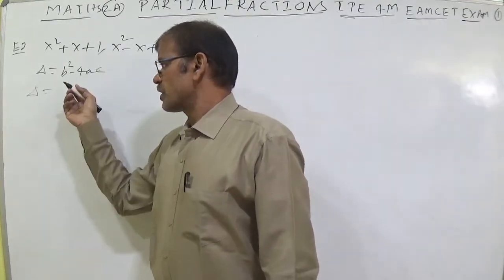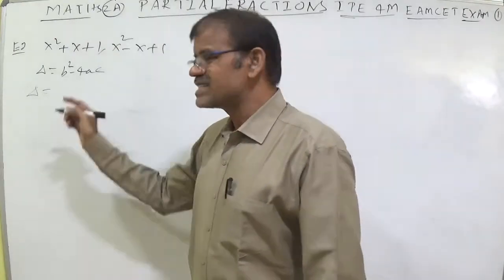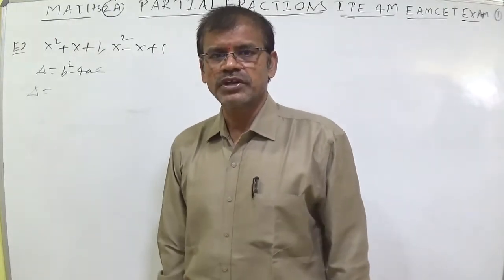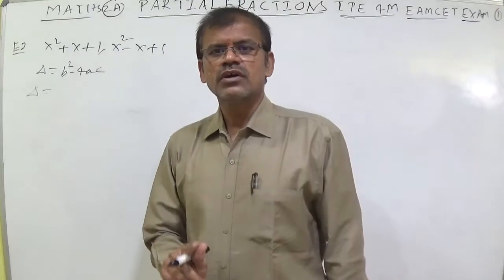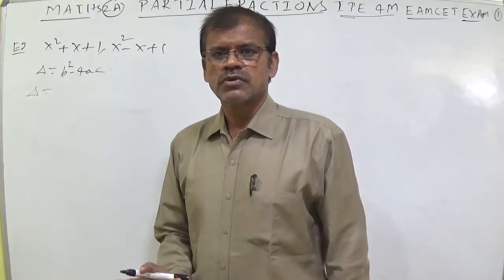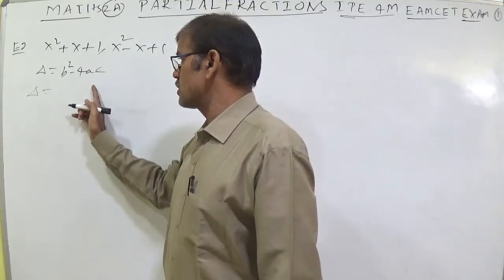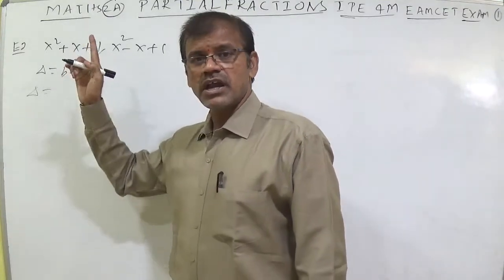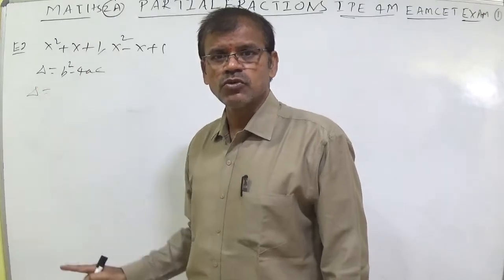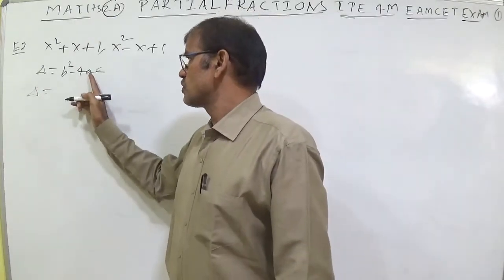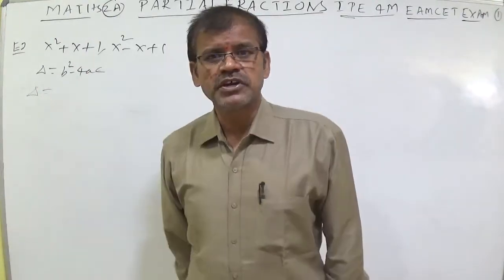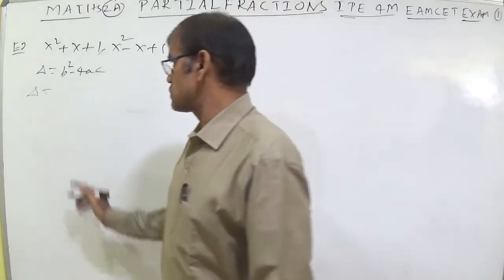If you get the discriminant b square minus 4ac as negative, it has no real roots. So it has imaginary roots. Whenever a quadratic polynomial has a negative discriminant, it cannot be split into two or more factors.